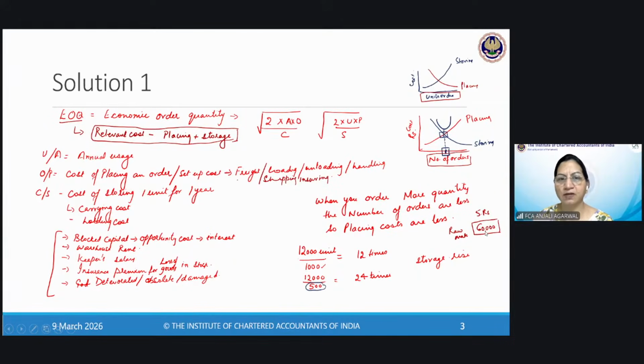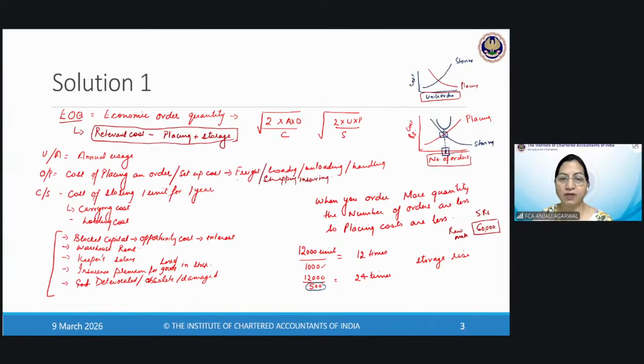So your total material cost still will be 60,000. If you order 1,000 units at one go, you have to pay 5,000, but you have to pay 5,000 12 times. So it's again 60,000. So material cost remains the same, irrespective of whether you place orders for 1,000 units or 12,000 units annually. So material cost is not relevant in our decision.